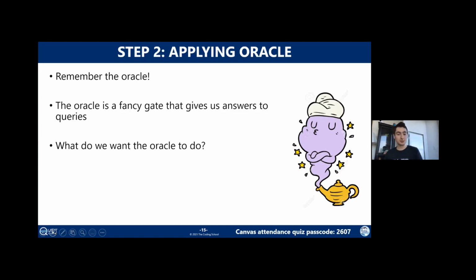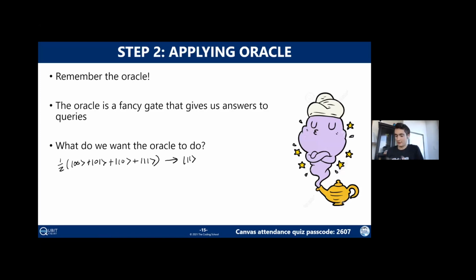What could our oracle do to help us? Unfortunately, this is not entirely clear, because I think the most obvious answer is, well, we want the oracle to be a gate that goes from 1/2 of ket 00 plus ket 01 plus ket 10 plus ket 11. We want it to transform this into ket 11.